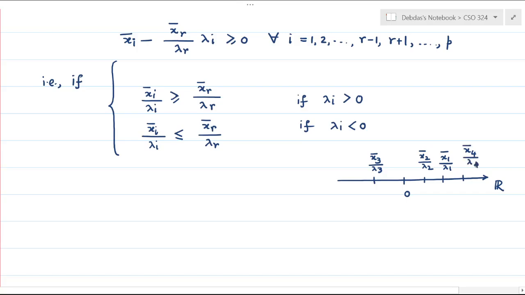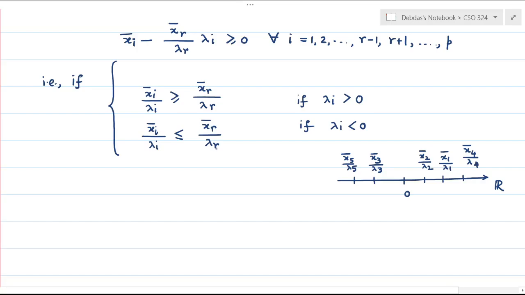Let's suppose lambda 5 is negative, and here is the location of x5 bar divided by lambda 5. So in this way, we are now locating all the values xi bar divided by lambda I. So these are all positions of xi bar divided by lambda I.